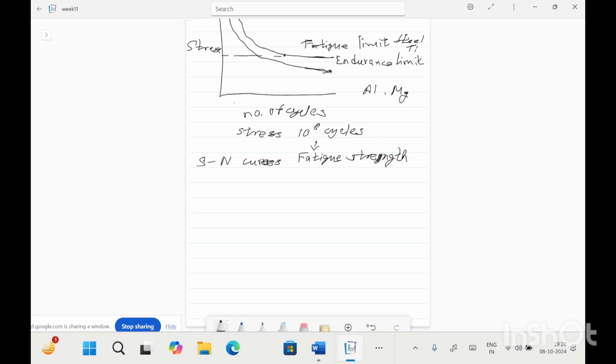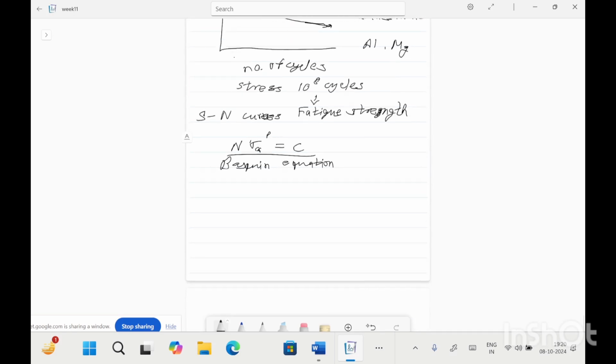For the S-N curve, the stress value can be written by an equation, N sigma_a to the power p equals C, which is a constant. This equation is generally known as the Basquin equation. There are two types of fatigue failure: high cycle fatigue and low cycle fatigue.